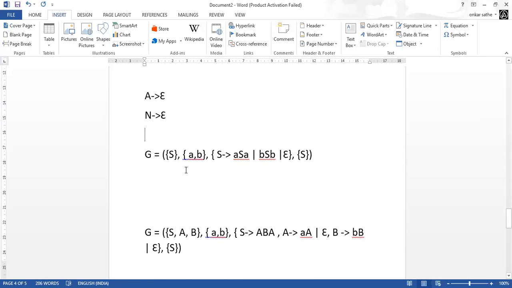Next, let us see the elimination procedure. In order to eliminate epsilon productions, first we have to delete all the epsilon productions, then identify nullable non-terminals.